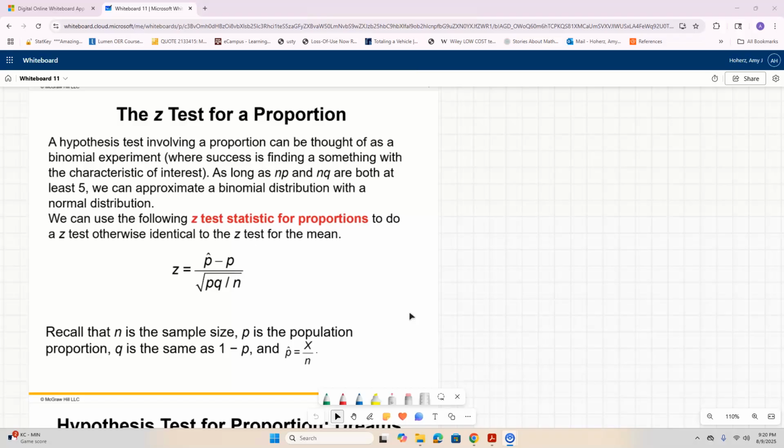And what we need with the test for proportion is the sample size times p, and also the sample size times q, both to be at least 5.